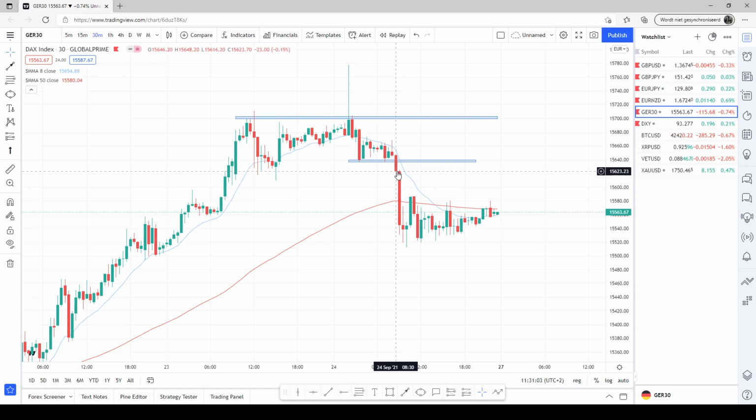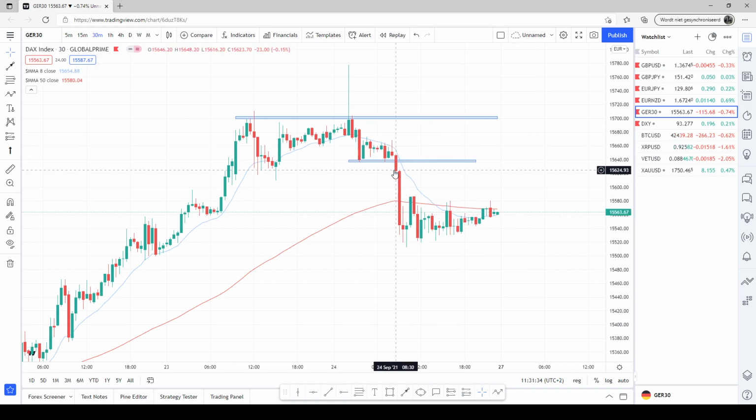Price breaks over here, goes back inside, and that same candle comes back down, rejects that area, breaks this low, and continues to the downside. When it would break after the rejection and breaking of this low, I would enter a sell position, but I never had that retest, so I don't enter the trade.